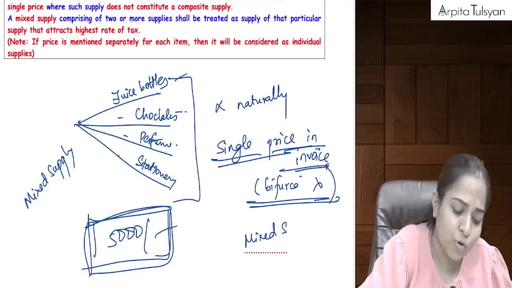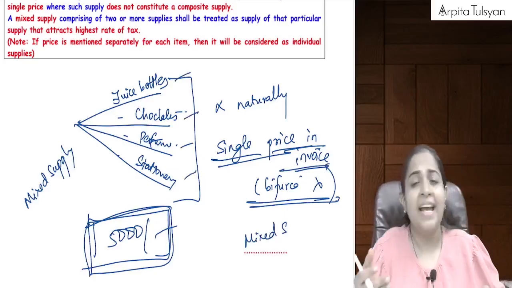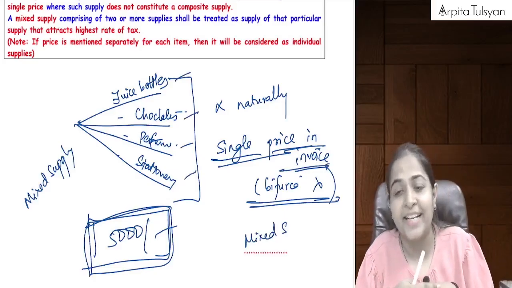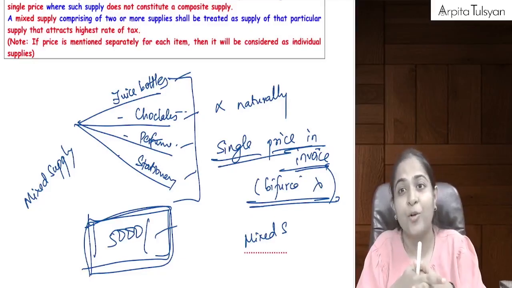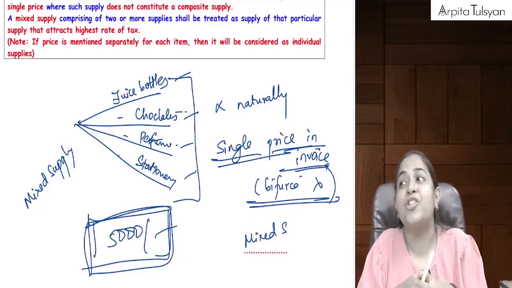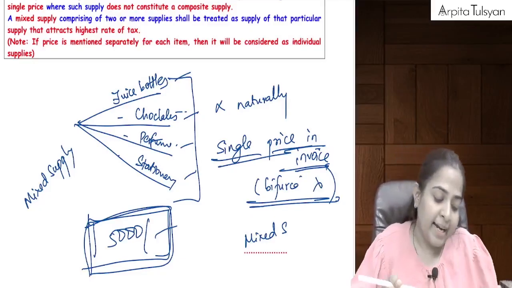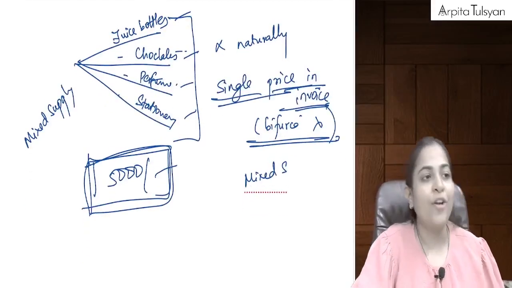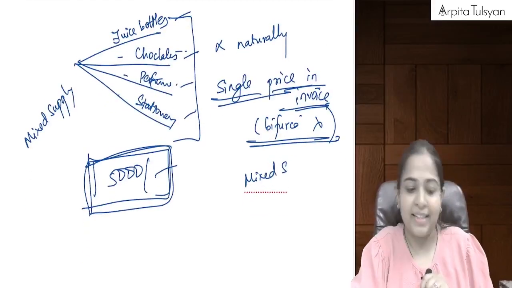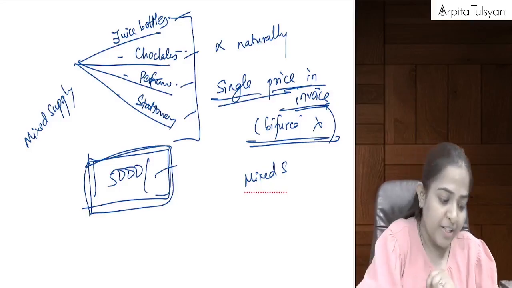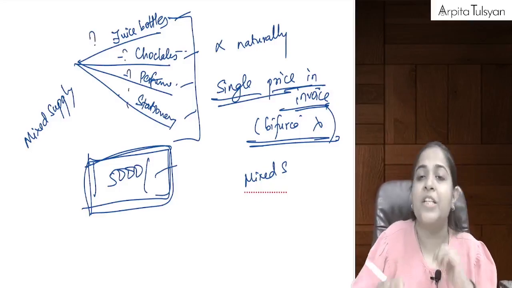Now, can we say juice bottle, chocolate, perfume, stationery are not naturally bundled together? It's not necessary to purchase all of it together, right? So in this case, what will be the rate of GST applicable on the 5,000? That will be an issue. Should we charge the rate of juice bottle, chocolate, perfume, or stationery?